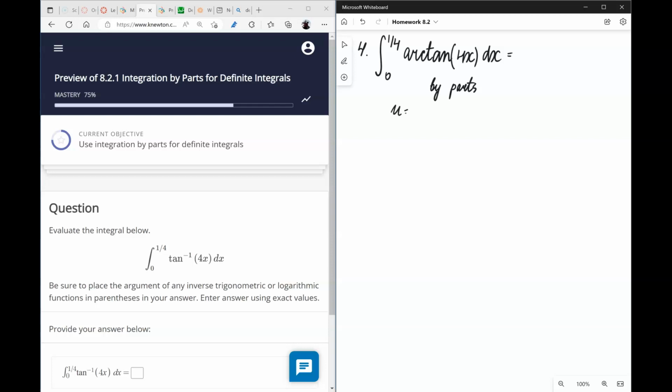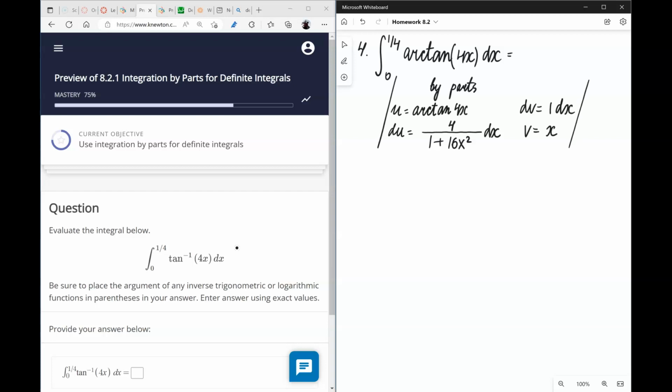So my u is arctan of 4x, so my du is, using the chain rule, 1 over 1 plus (4x) squared, which is 16x squared, times the derivative of 4x, which is 4, all that dx. dv is just 1 dx, meaning that v is x.